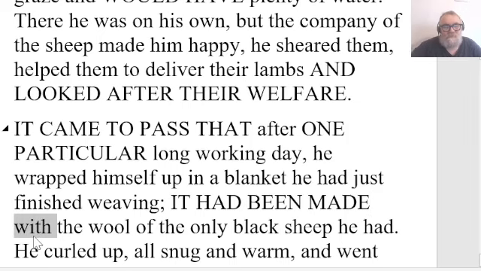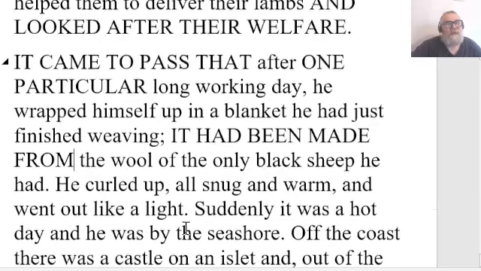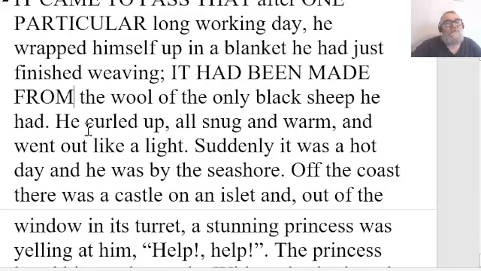It had been made from the wool of the only black sheep he had. He curled up all snug and warm and went out like a light.